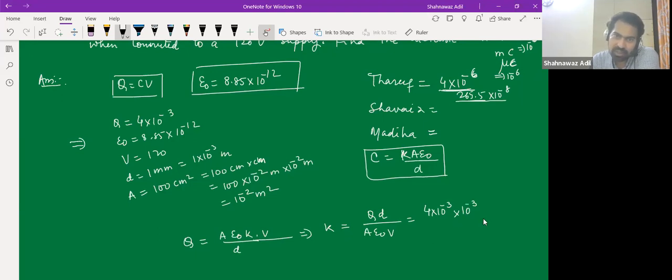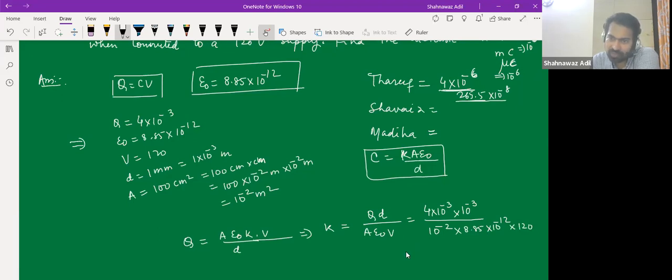And A is 10 to the power minus 2. And epsilon naught is 8.85 into 10 to the power minus 12. And V is 120.